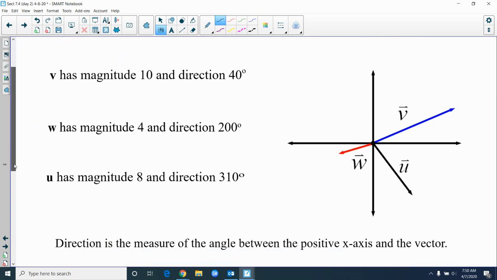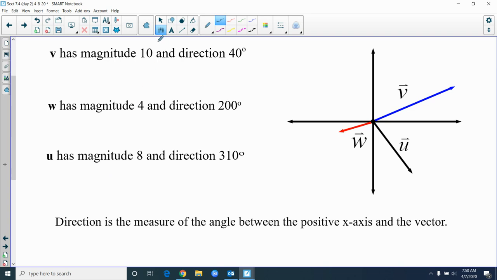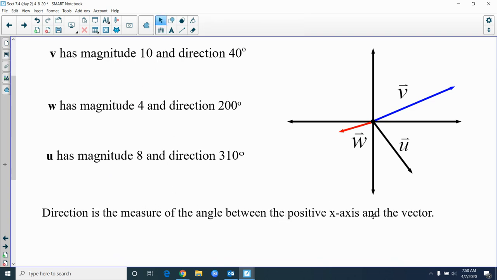Now the direction, I'm going to jump down to this right now. The direction is always the measure of the angle between the positive x-axis and the vector, and it will be between 0 and 360 degrees. We'll use 0 for if it's going directly to the right.